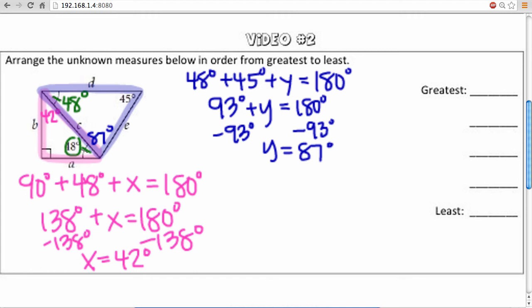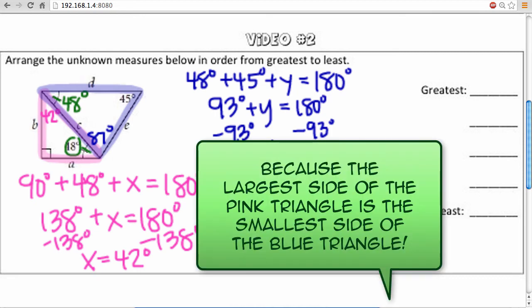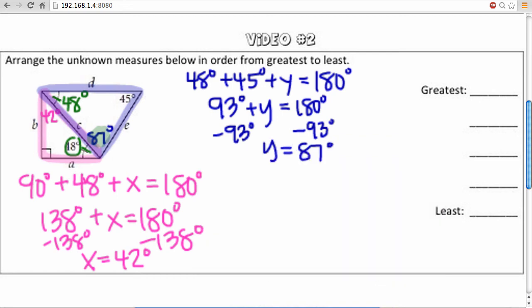It appears as though the triangle on the right side, the blue triangle, is larger than the pink one. So the largest angle here is going to be this 87-degree angle, and the side opposite is measured D. So that means that side length D is the greatest.